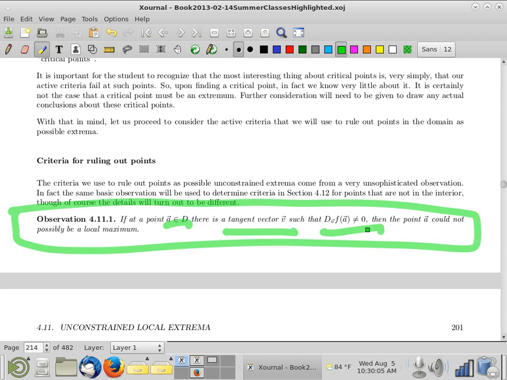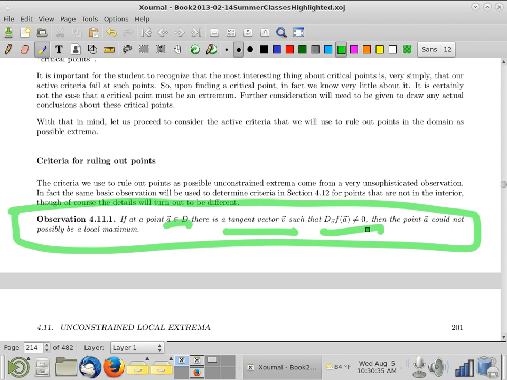If the directional derivative is non-zero, that means the function is either increasing as you move in the direction of that tangent vector, or it's increasing as you move opposite of the direction of that tangent. Either way, if the directional derivative is non-zero in the direction of a tangent vector, meaning you can move in that direction, forward or back, the function is increasing, and you couldn't possibly be at the maximum.